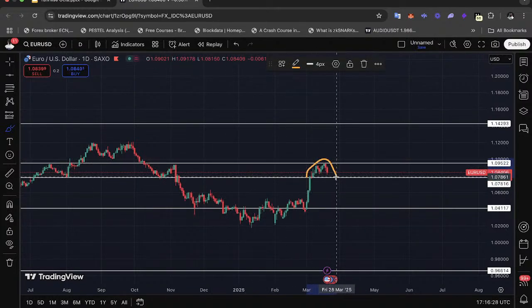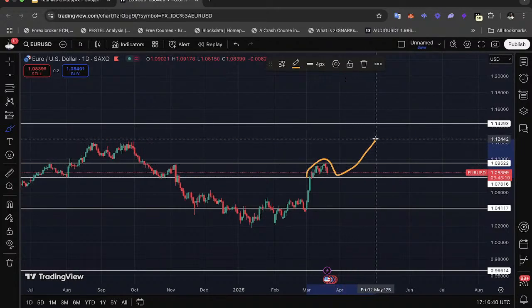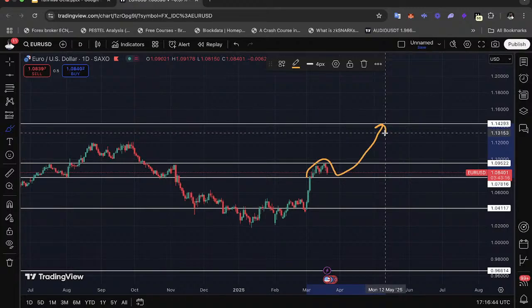It's creating an accumulation for the further push buy momentum on EURUSD.